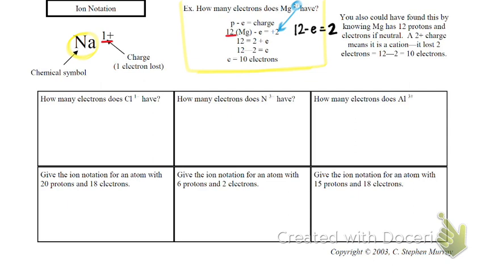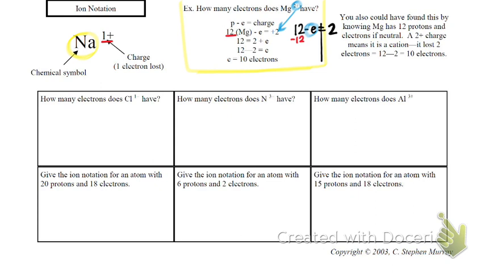If it's 12, just +12, how do you move that?